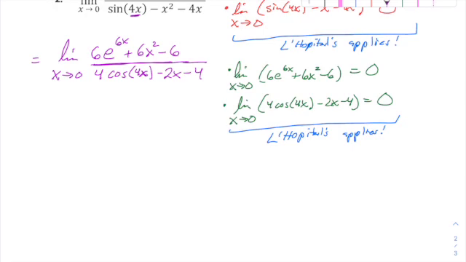So that means we just keep trying to evaluate this limit. This one we have to go 2 layers deep at least until you don't get an indeterminate limit anymore.